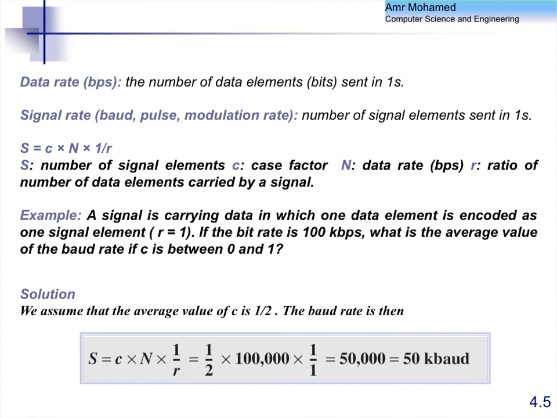Okay? Because as we said before, the minimum bandwidth is the bit rate divided by 2. Remember? We said that. So if we have one bit represented by one data element, then simply the bandwidth is the bit rate divided by 2, which is exactly what we have here. So if C equals 1/2, then the baud rate is actually the bandwidth.